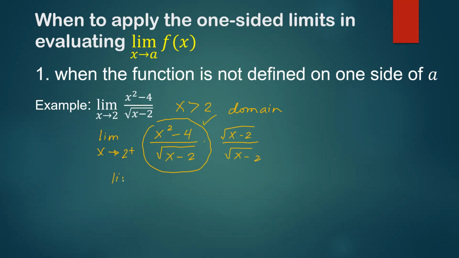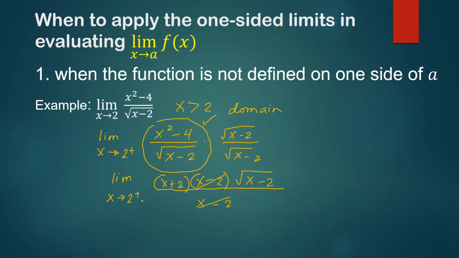So, we have the limit as x approaches 2 from the right. Okay. So, we have x plus 2, x minus 2 as factors of x squared minus 4. And then we have another radical here. Okay. Tapos sa baba, if you are to multiply this, we have x minus 2. So as expected, the x minus 2 will cancel out.